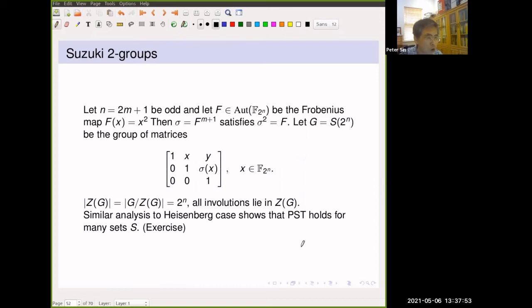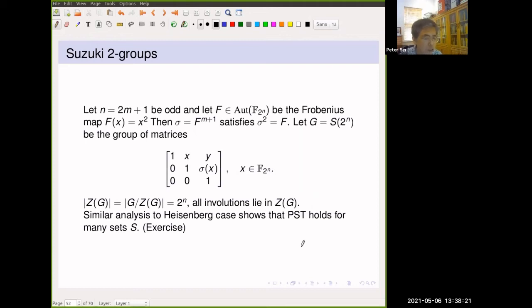Let's choose an odd number n, and look at the field of 2 to the n elements. Let f be the squaring map on that field. Then, because n is odd, f will have a square root: there will be a field automorphism sigma whose square is the Frobenius map.